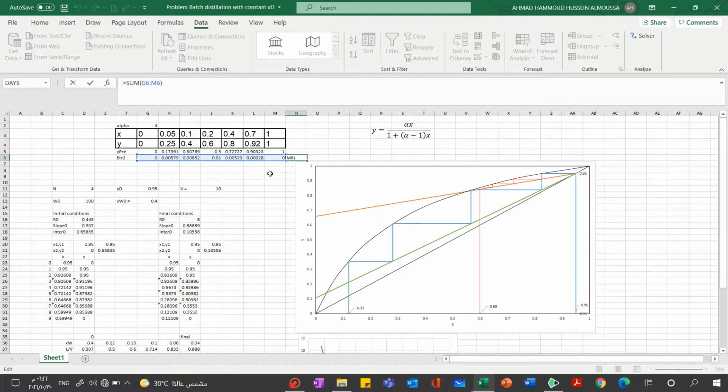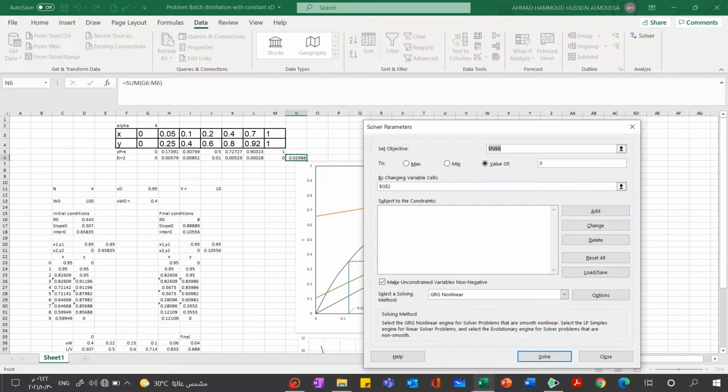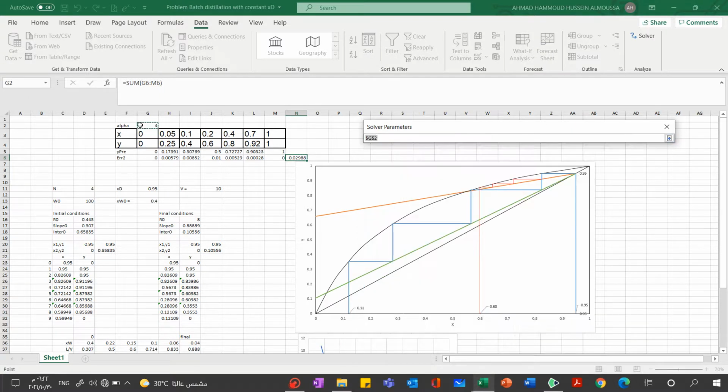So what you do? Go here. Go to the Solver. Then choose this point or this column. Then you want it to be a value of 0 by changing the variable cell, which is alpha. You want to change alpha to get y predicted equal to y, and that will make the error 0 or go to 0.